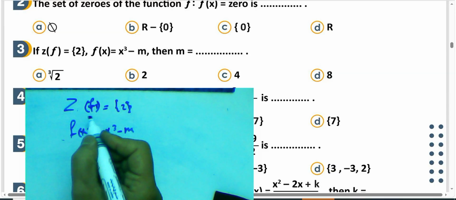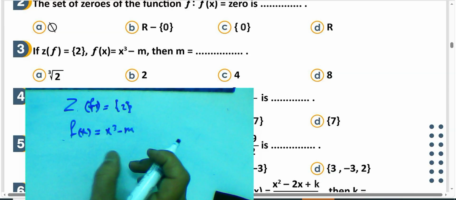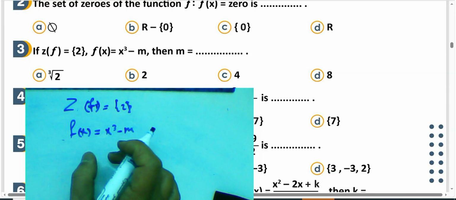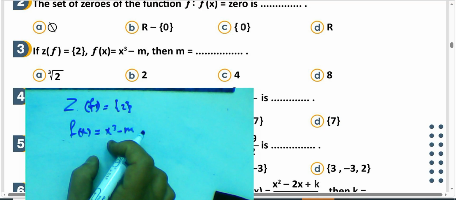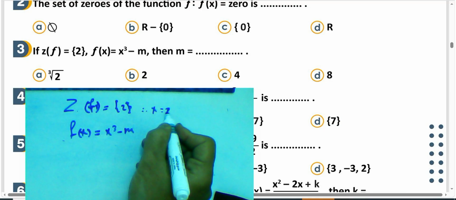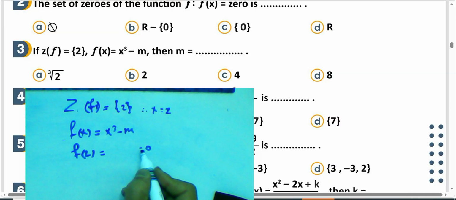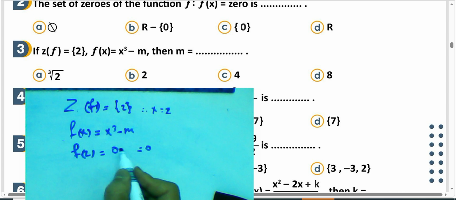What's the meaning of this? It means the zero of this function will be 2. So x here will be 2, which means f of 2 will be 0. Then 2 power 3 minus m equals 0.